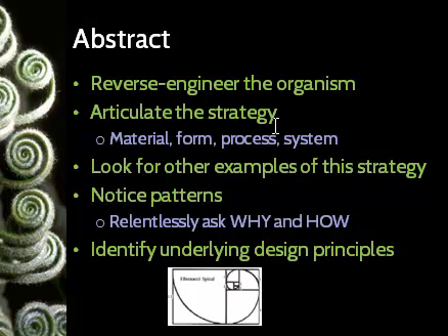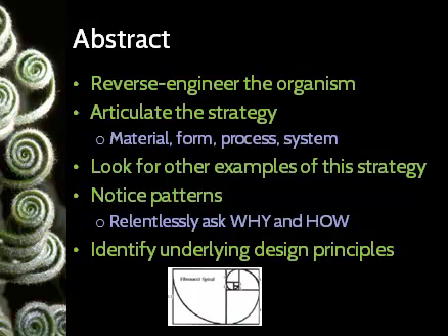It's usually some combination of these four things that make up the strategy that performs the function. So you're trying to articulate what that is. In this abstract phase, you'll also look for other examples of organisms that use that strategy.